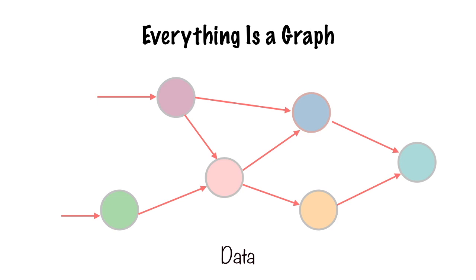Once again, the idea of data items being the edges in a graph where transformations on those data items are the nodes is hardly unique to TensorFlow, but it does lend itself really well to machine learning and neural network applications.